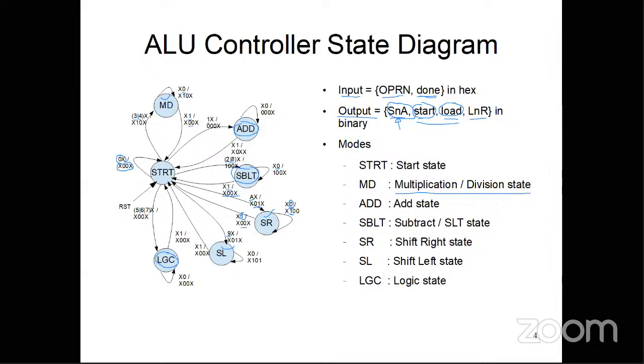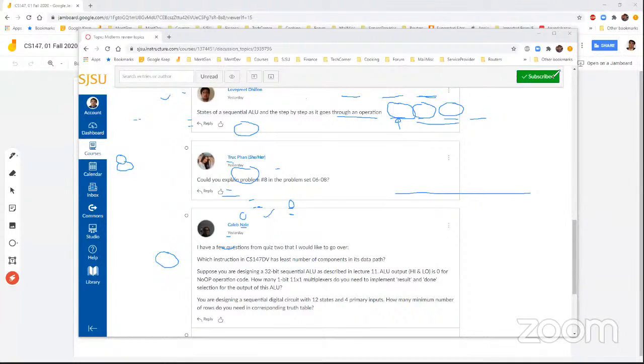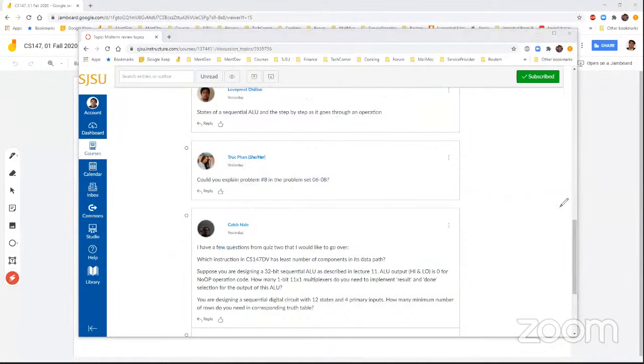Professor, do you mean for shift right and shift left, once it goes into the shift right or shift left state, it has to wait one cycle before the signals actually change, like start and LNR?